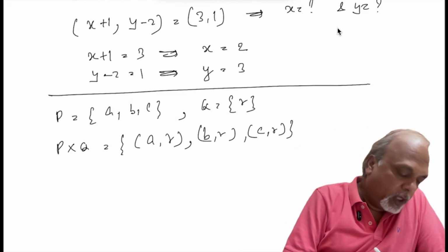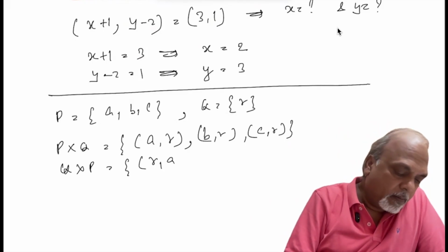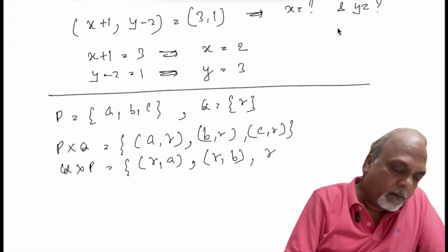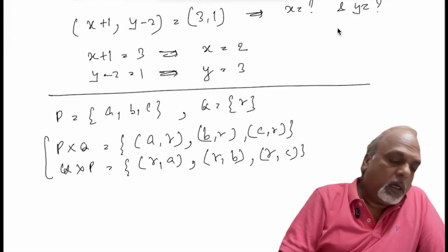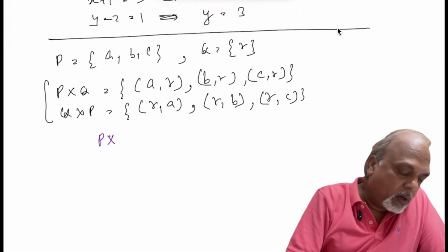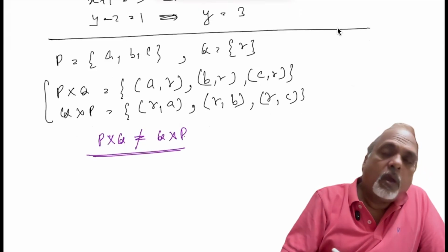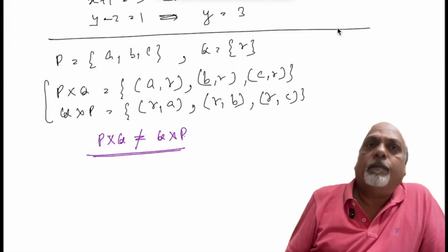Now we see Q cross P. Then we can write it as R, then R, B, then R, C. With this, it is quite obvious that it is not necessary that P cross Q, these two, P cross Q is not equal to Q cross P. However, the number of elements will be the same.